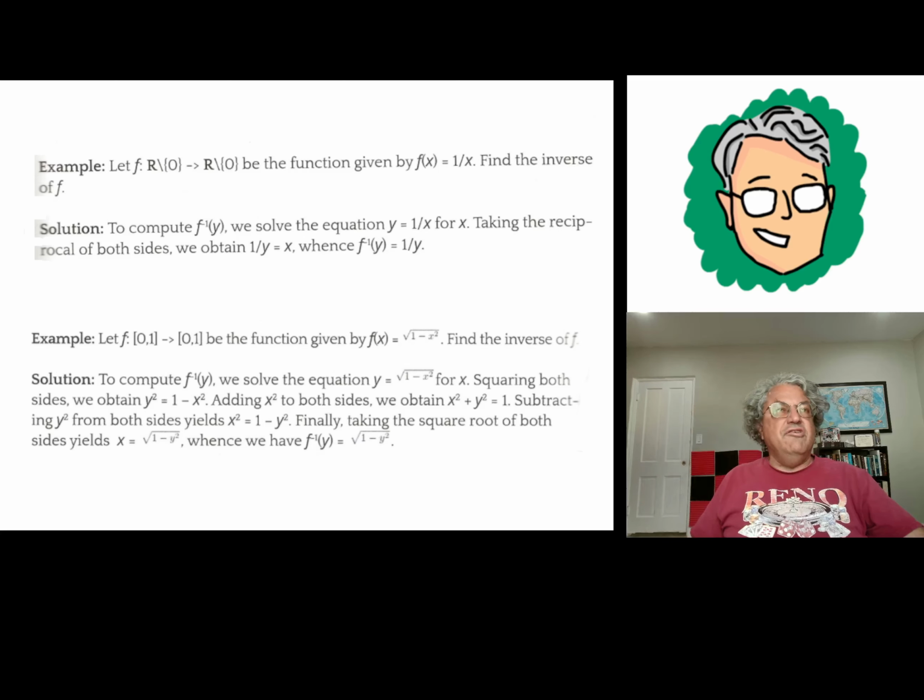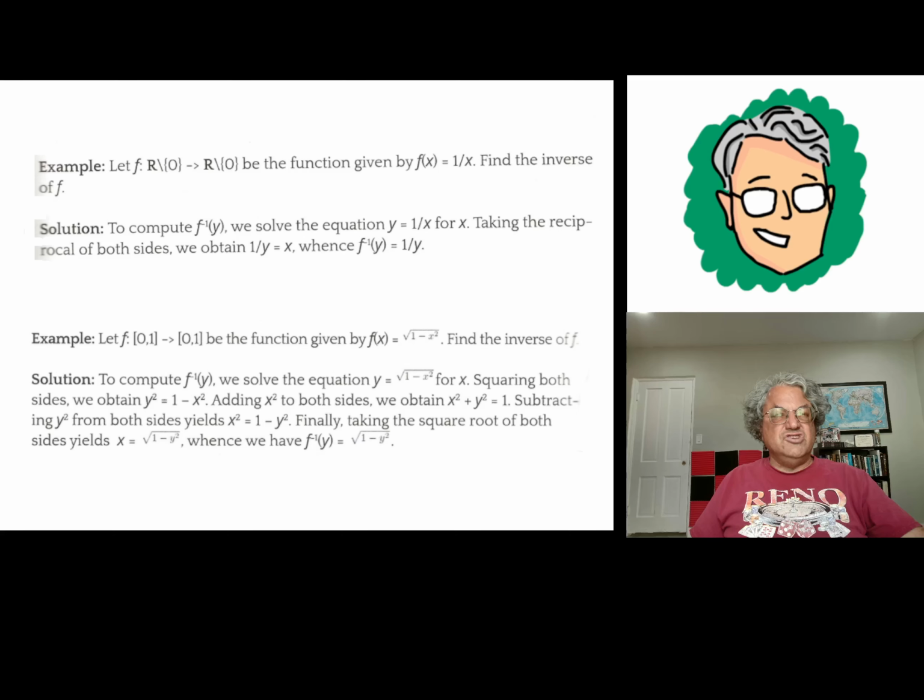This would be the complement of the singleton zero in R, which is just all the real numbers except for zero. So that's our domain and our range. And now our function f of x is 1 over x. And I think you can see why we have to exclude 0, because 0 doesn't have a reciprocal. You can't divide by 0.